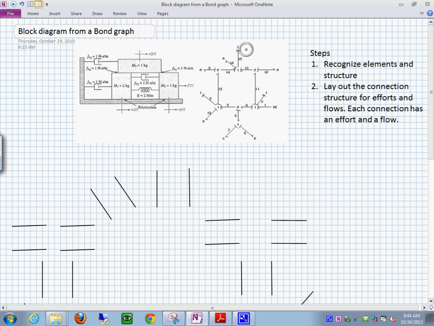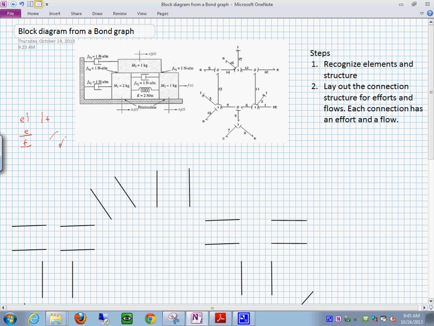You see, if I make a convention that the effort is going to be on the left if something is like that, and the flow is going to be on the right if something is like this, consistently I can do an E over here and also an F down here.